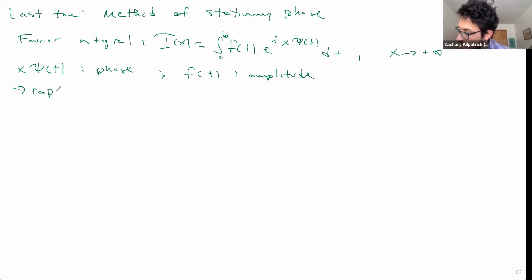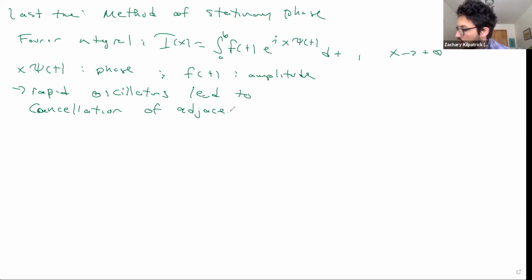And the idea is that the rapid oscillations lead to cancellation of adjacent parts of the integrand, mostly, except at the endpoints.